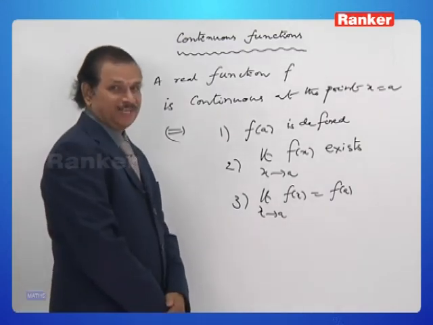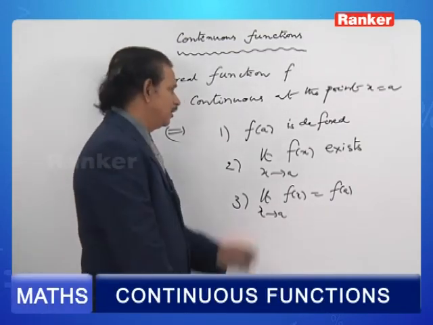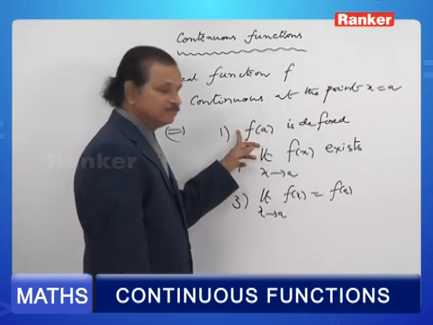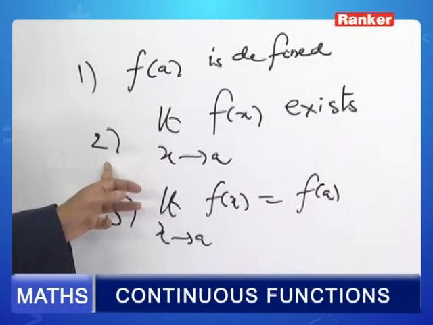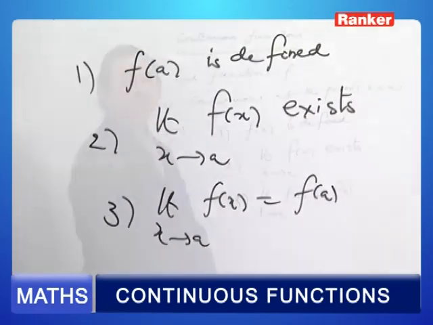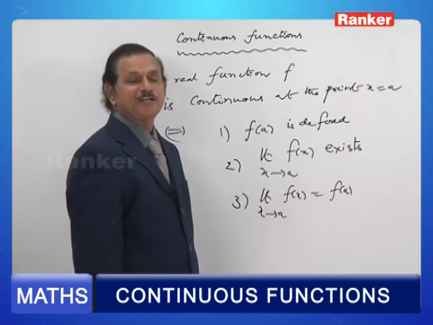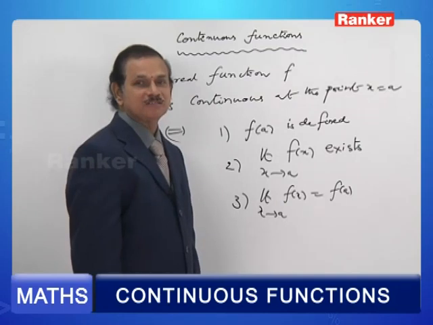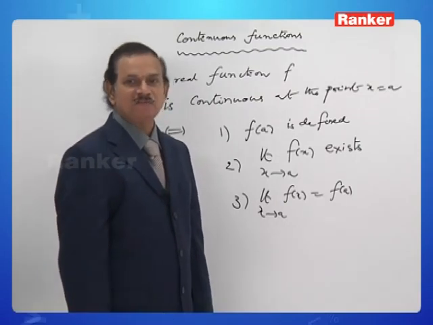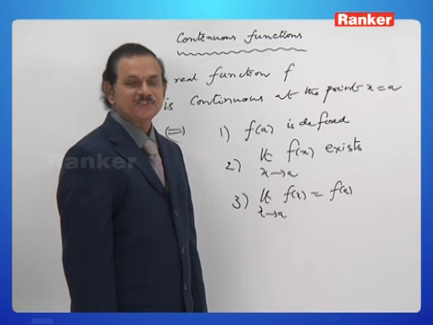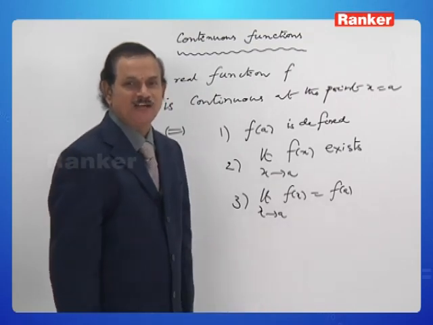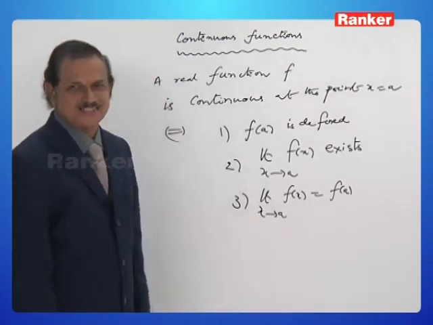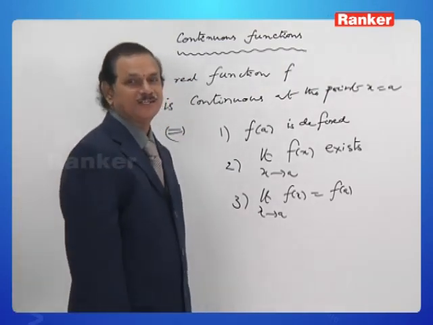You can say, for the sake of fun, like this: to win the match, quarterfinals, semi-finals, finals. If a particular team loses at the stage of quarterfinals, it cannot think of semi-finals and finals. That is, if f of a is not defined, on the spot itself we say that it is not continuous at x equal to a.